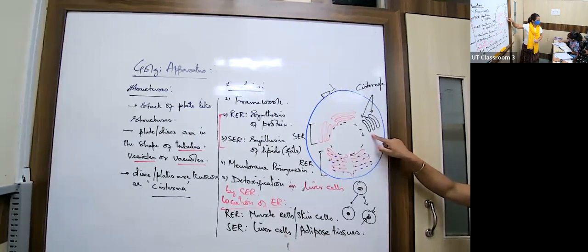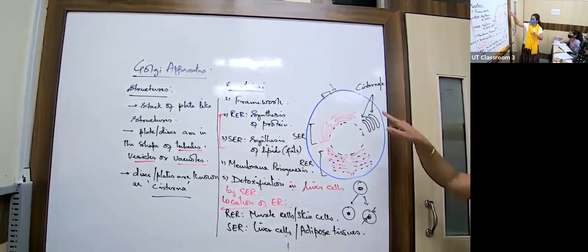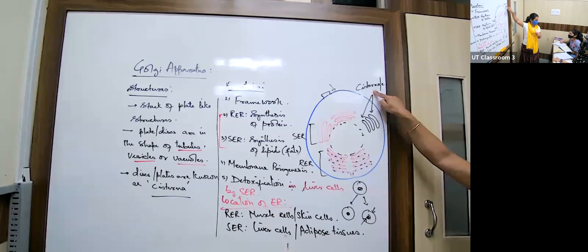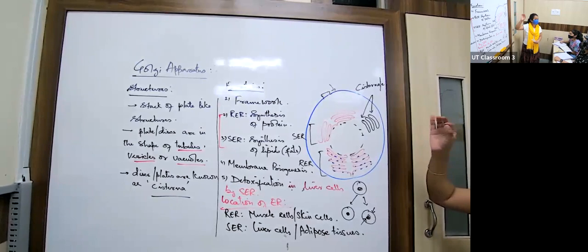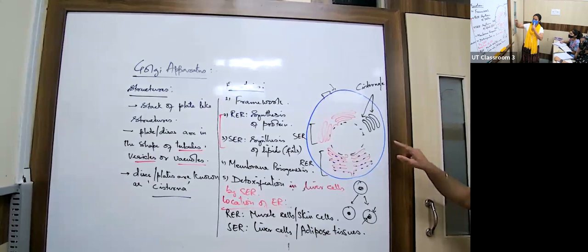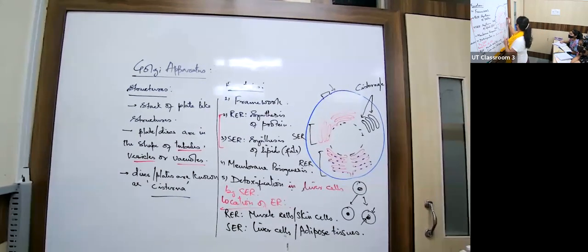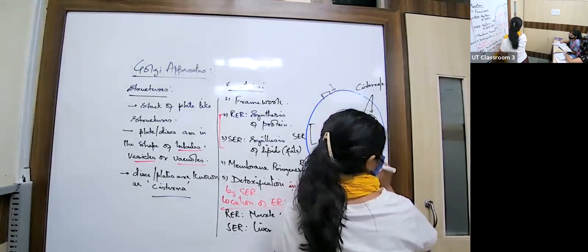The basic structure of the Golgi is as if some plates are kept in a stack, 8, 10, 12, 15 of them. What do we call the individual plates? Cisterna. What do we call many of them together? Cisternae, N-A-E.